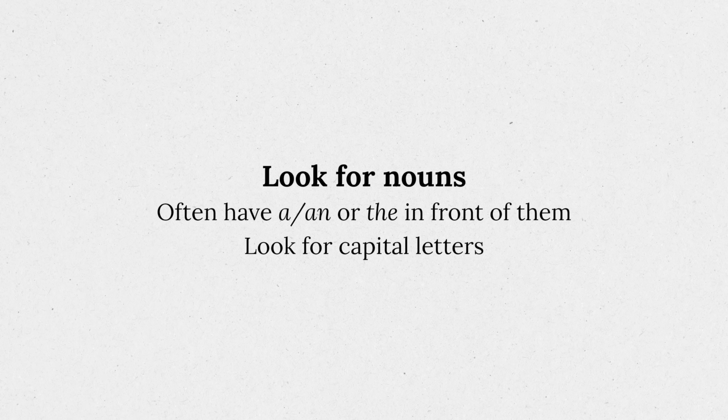Next, look for nouns. You can identify nouns by looking for words with a, an, or the in front of them. And you can also look for words that start with capital letters. Next, find the adjectives and adverbs.